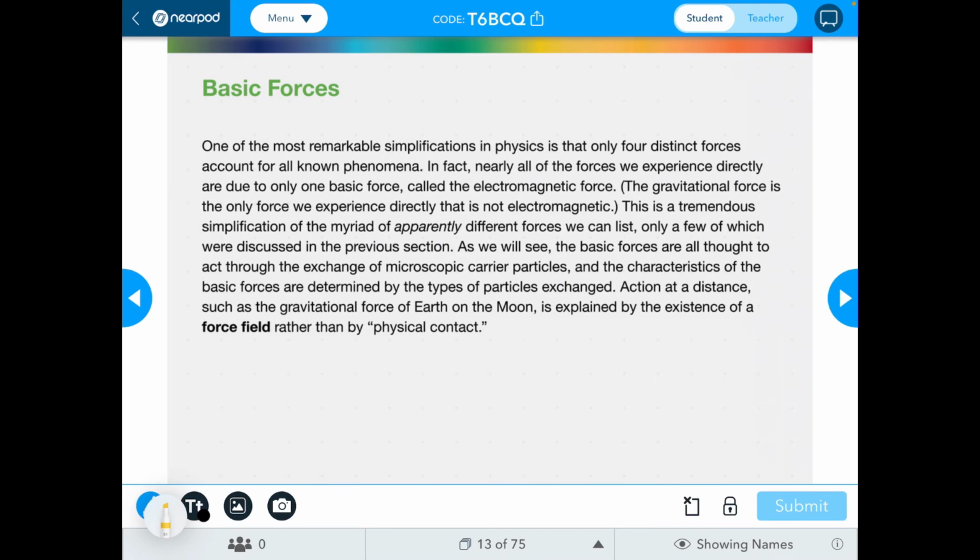So now getting into the 4 basic forces. So this one's just talking about how there are 4 basic forces, and really the ones that we are more directly experiencing than anything is the electromagnetic force and gravitational force are the 2 that we mostly feel.